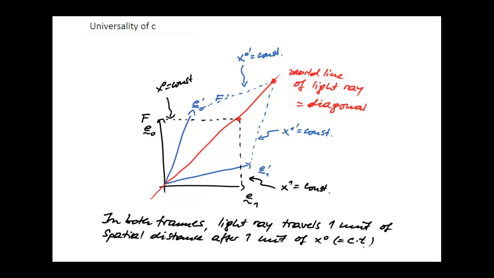Now let's come to true relativistic effects. One famous effect is that the notion of simultaneity of two events is no longer absolute, but different observers have different notions of simultaneity.